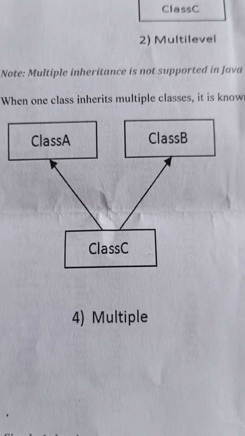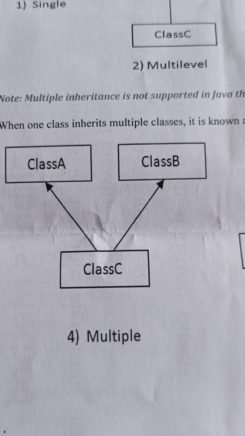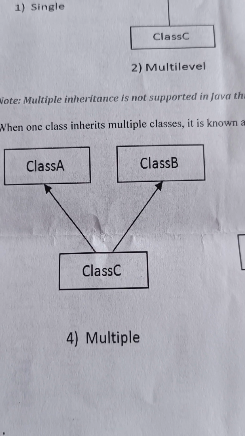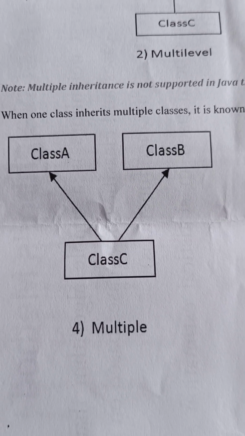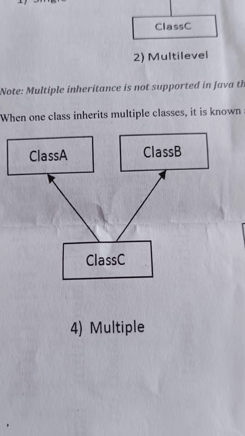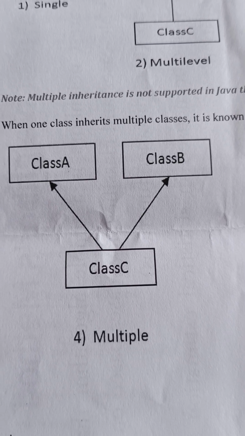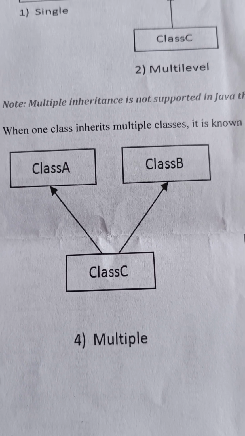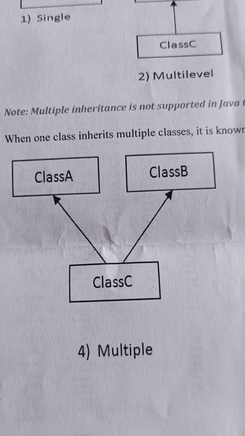After inheriting, we access the variable i using the object of C. Now we are confused about which i to access, whether class A's i or class B's i. There is a certain confusion. That's why Java doesn't have the concept of multiple inheritance.